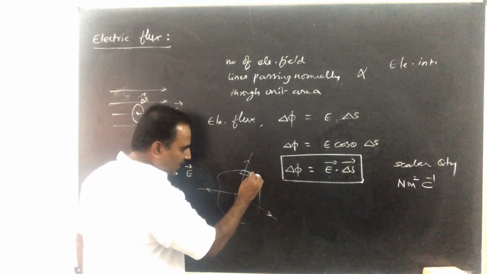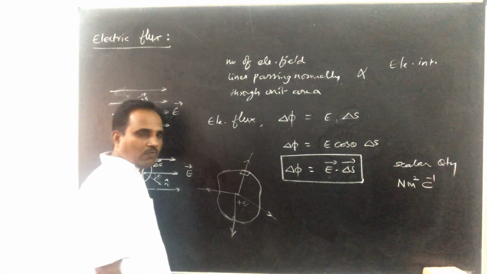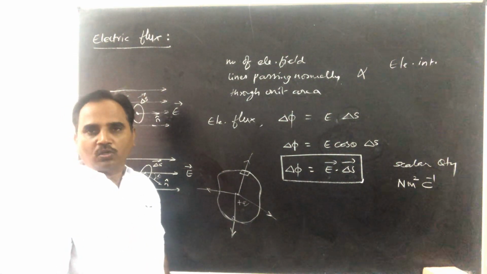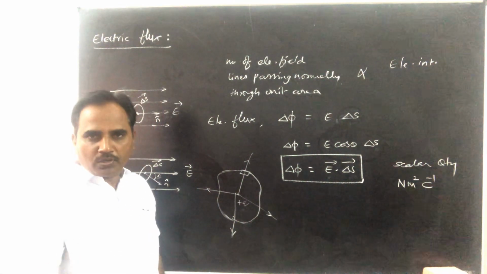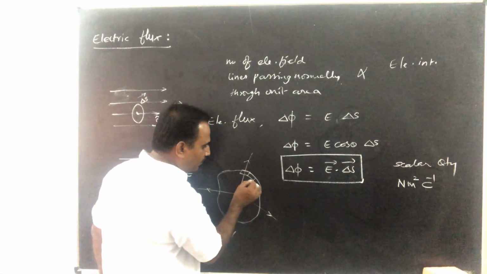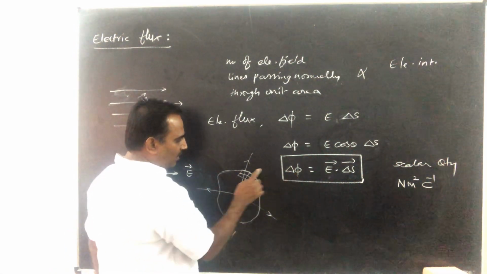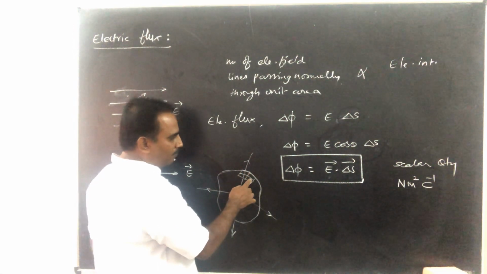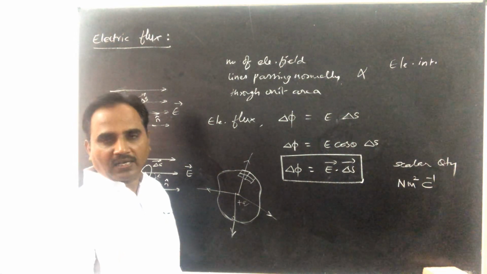If I want to find the total electric flux through this whole area, then I have to divide this entire area into a large number of small elements like this. By using this formula, I find the flux through all these elements, and by making a summation of all these, I can get the total electric flux.